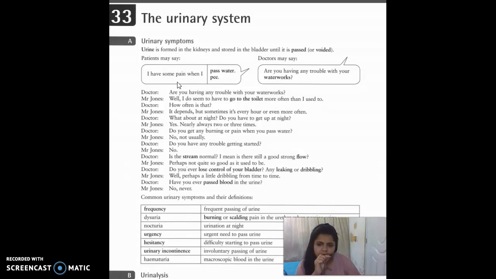Mr. Jones: Perhaps not quite as good as it used to be. Doctor: Do you ever lose control of your bladder? Any leaking or dribbling? Mr. Jones: Well, perhaps a little dribbling from time to time. Doctor: Have you passed blood in the urine? Mr. Jones: No, never.